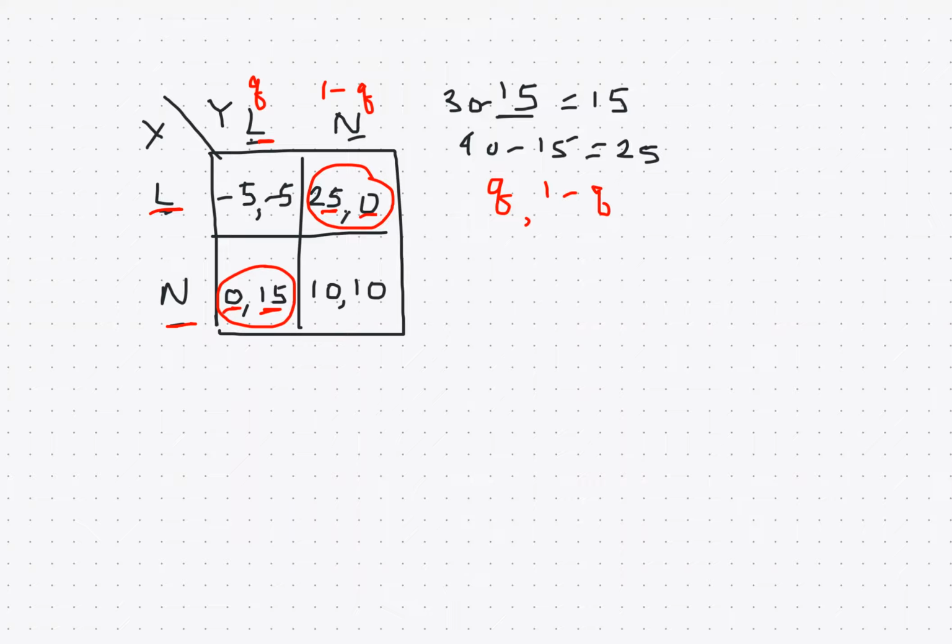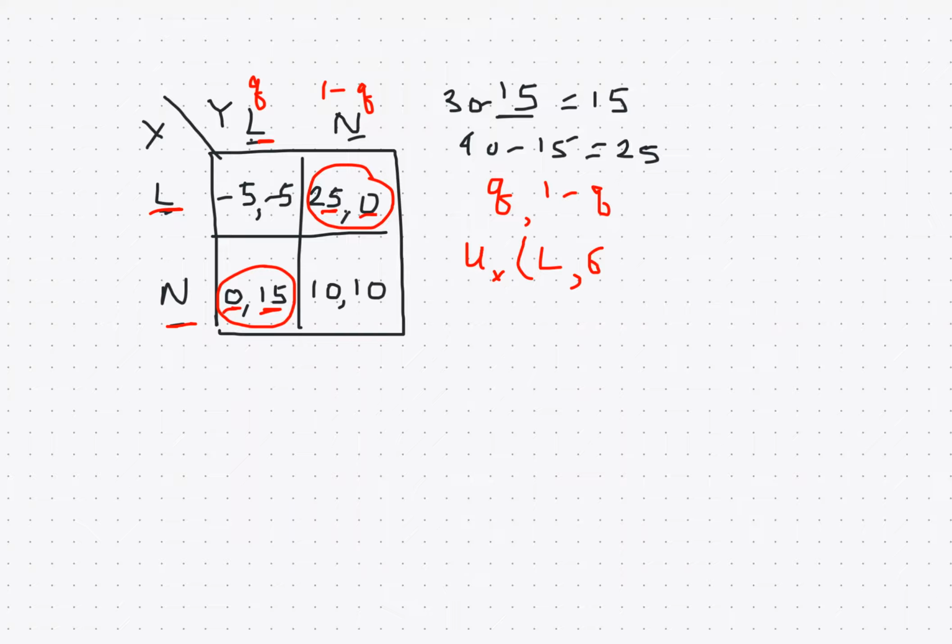So against this mixed strategy of firm Y, let's write down the expected payoff for firm X if firm X plays L, okay? So UX, the expected payoff of firm X, given firm X plays L, right? And we have the other firm, which is Y, playing its mixed strategy, Q and 1 minus Q, right?